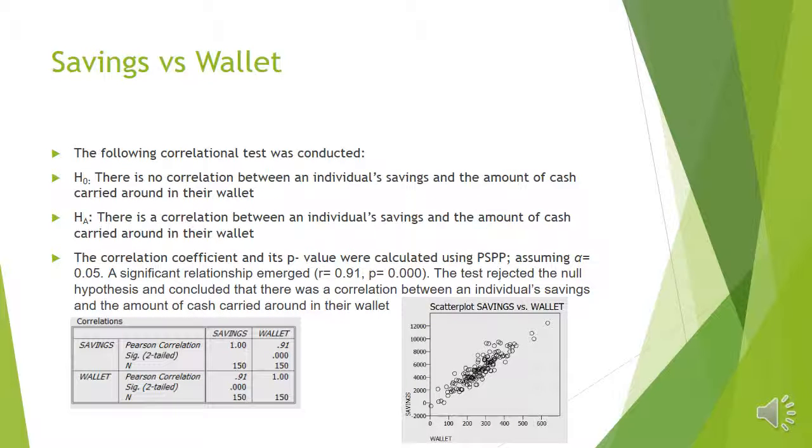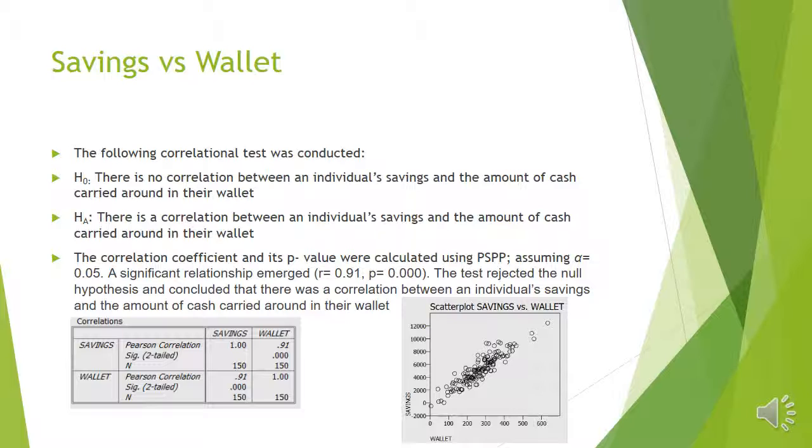Another correlation test that was run would be savings versus the amount of money an individual would carry in their wallet. A null hypothesis would state that there is no correlation between an individual's savings and the amount of cash carried around in their wallet. But the alternative hypothesis stating that there is a correlation between an individual's savings and the amount of cash carried around in their wallet.